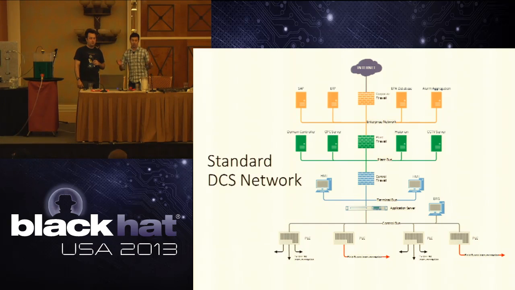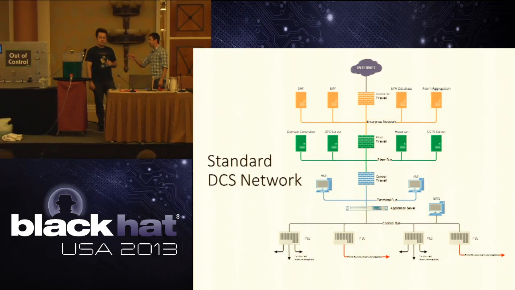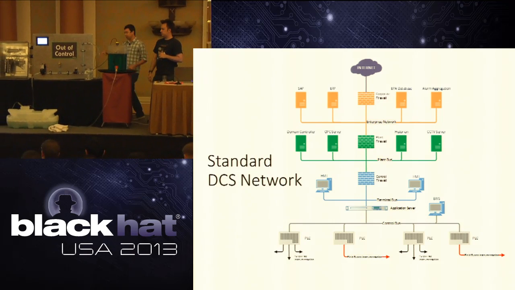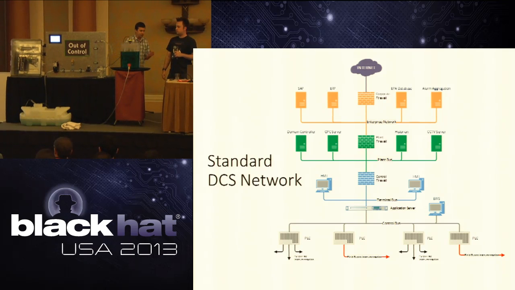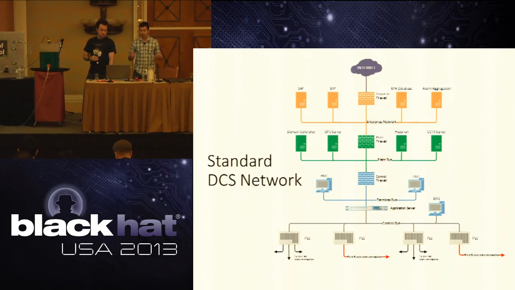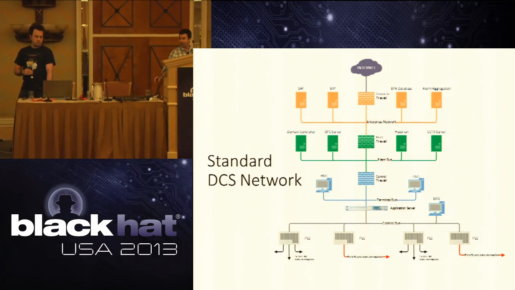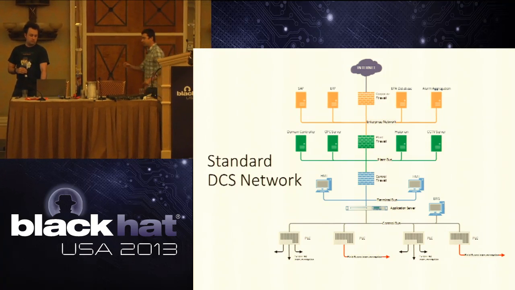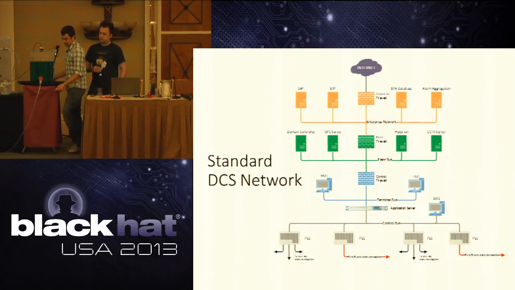Okay, so when we talk about a control system, we have this small guy right here, and this is just a controller with some field instrumentation and an HMI. But there's a lot more to it. So what we have here is a top-down model of what a real control system looks like. If we start from the very bottom, we see our field instrumentation right here.